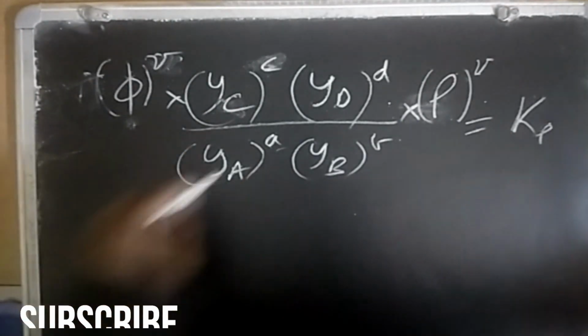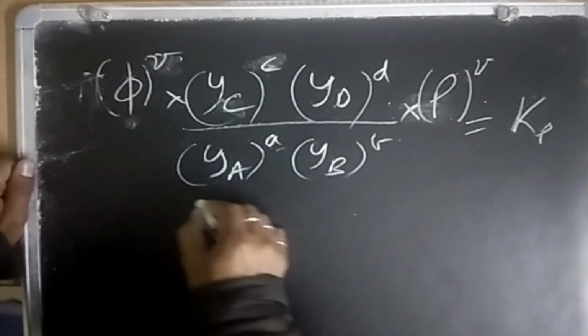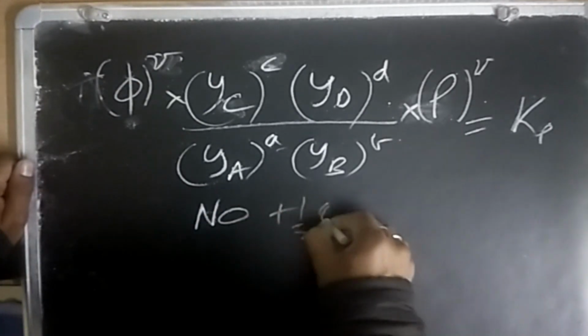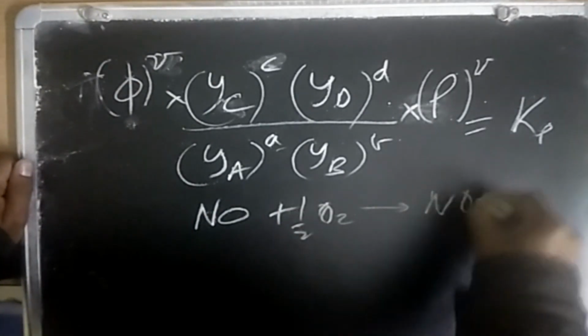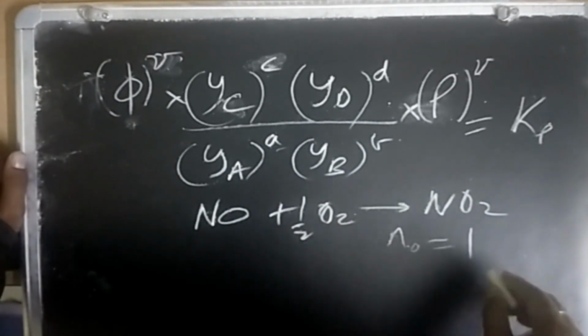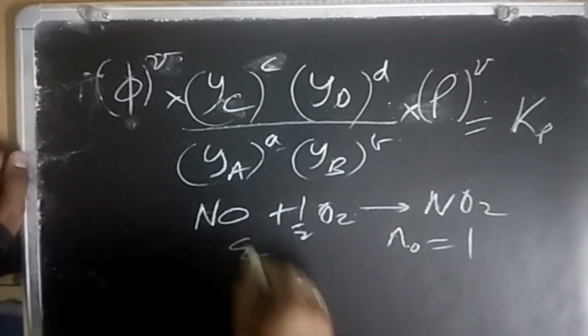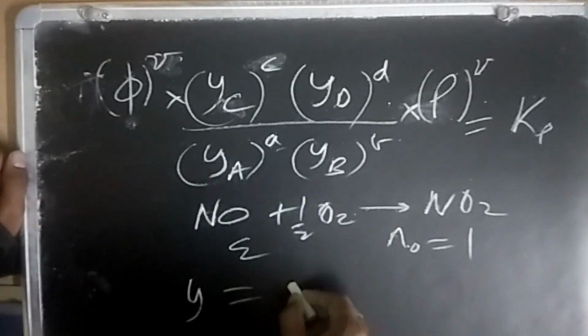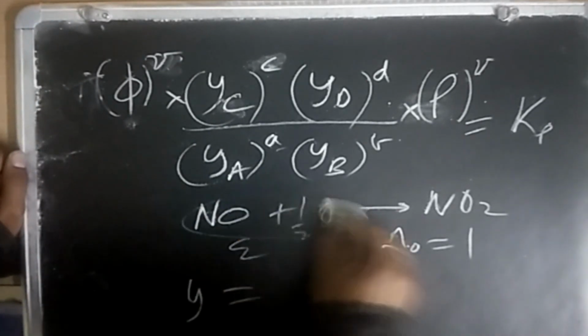For y, let's take any example, say the same example, half O2 gives NO2. Initially we had n naught like 1, and some extent of reaction happening. So we can find y here, where the reactants go away to 0.